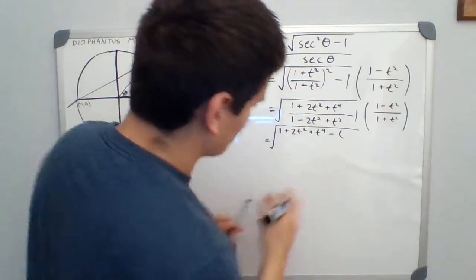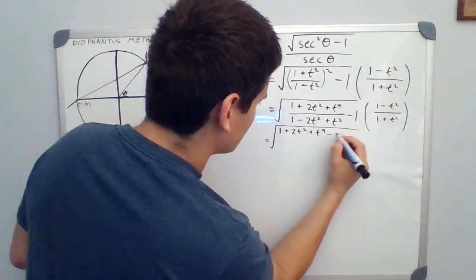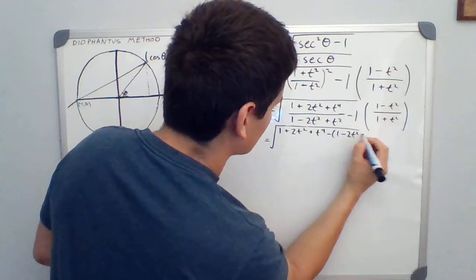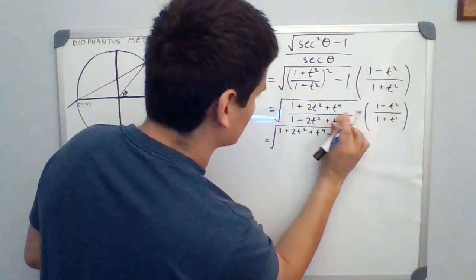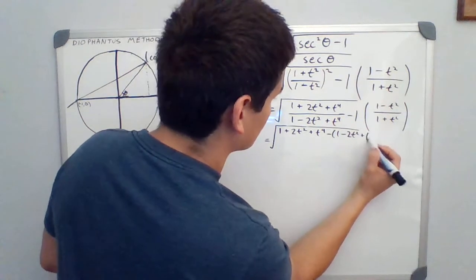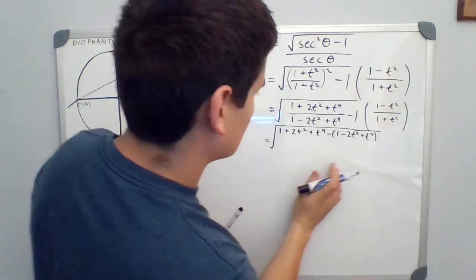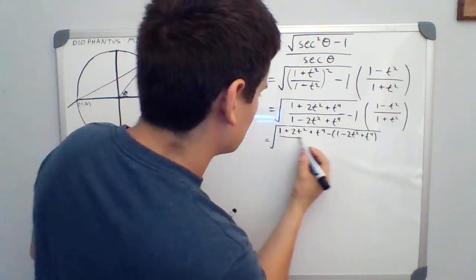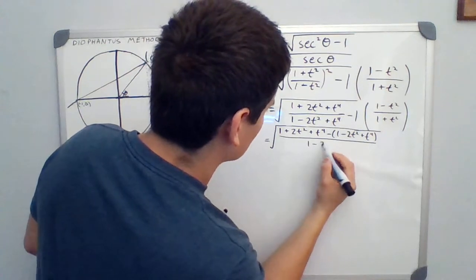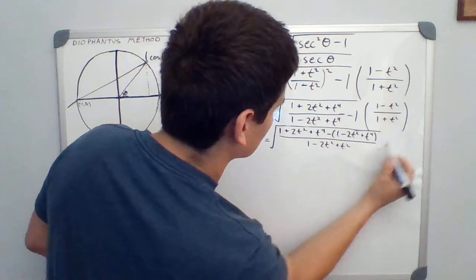It's just working with fractions. So minus 1 minus 2t squared plus t to the 4th, divided by 1 minus 2t squared plus t to the fourth.